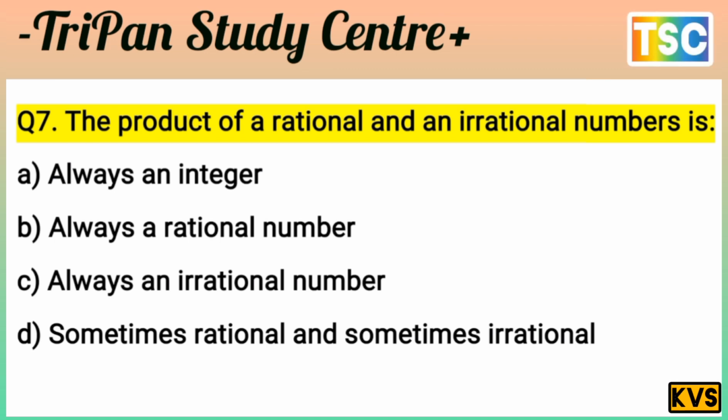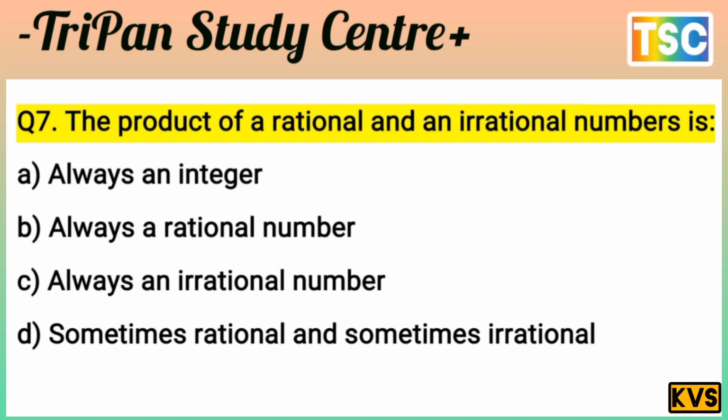C, always an irrational number, is the right answer. The product of a rational and an irrational number is always an irrational number.